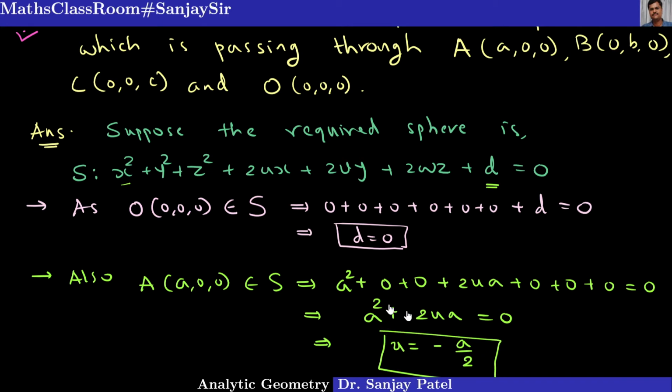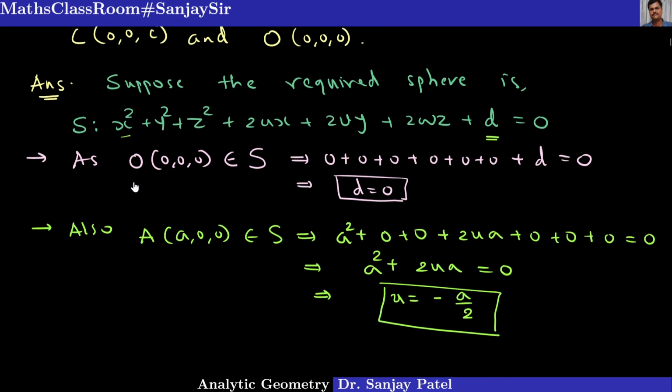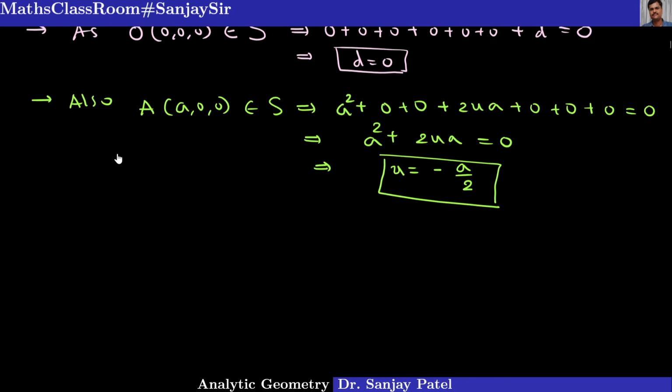In the same way, I can find the values of v and w by putting the remaining two points, b and c, in the equation of the sphere. So I am not going to write every step, you can just verify.